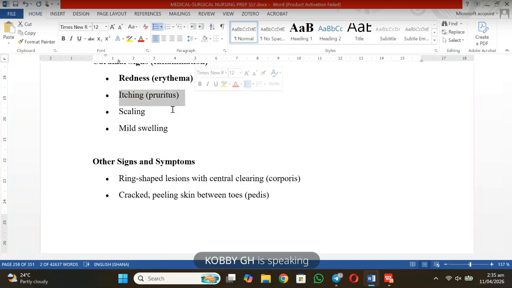The other skin conditions we've been talking about, from furuncle to carbuncle, we didn't talk about itching. But one key sign when it comes to tinea, the fungal infections of the skin, is itching or pruritus.